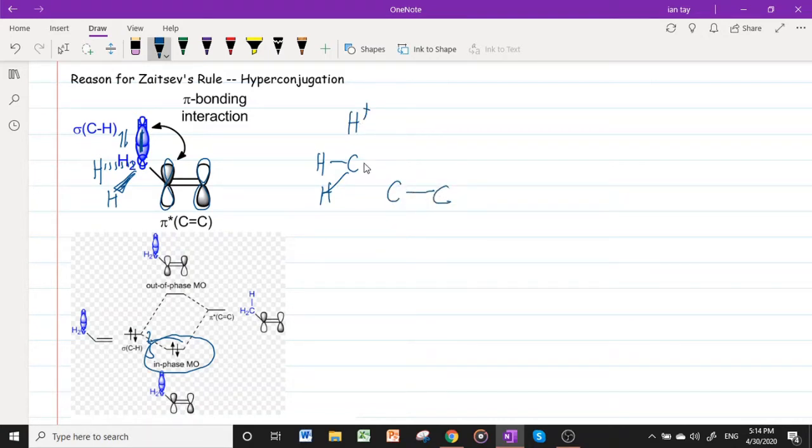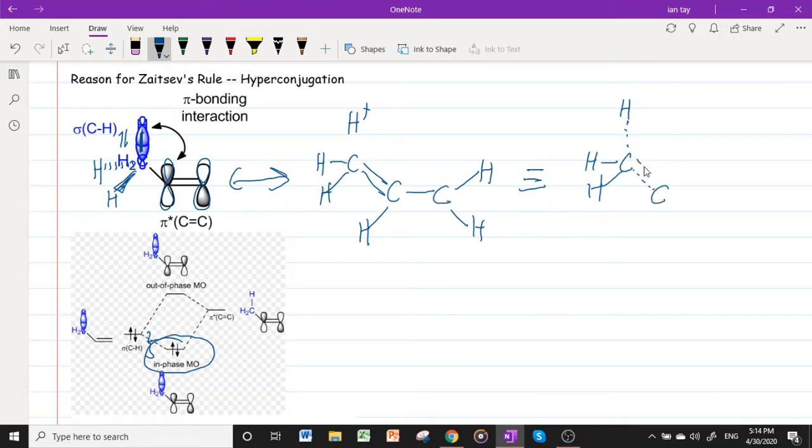And what do we have? We have a double bond over here. So this exists in resonance with this structure, giving an overall structure where it agrees with actually the molecular orbital picture of it, which is a weakened C-H bond, a strengthened C-C bond over here, and a weakened C-C pi bond over here.